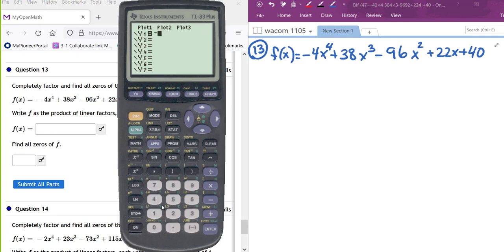So we'll enter -4 x to the 4th plus 38 x to the 3rd minus 96 x to the 2nd plus 22 x plus 40. And we'll say graph.